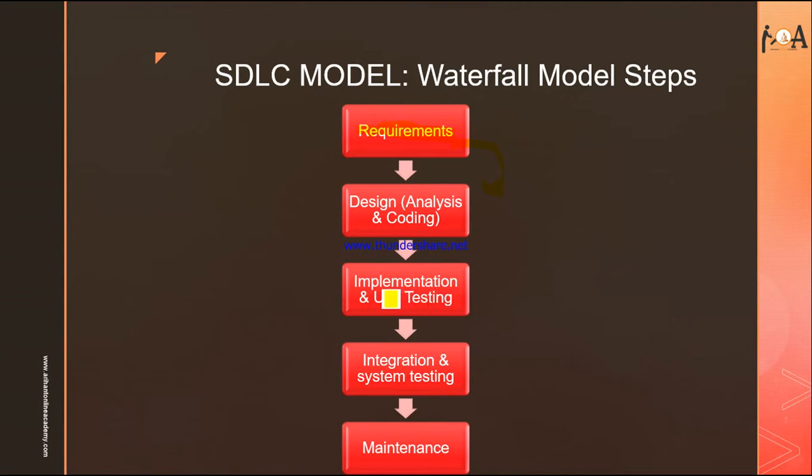Unit testing will be done on the several modules, and their implementation will be checked, whether it is working on the same criteria that the user required or not. After unit testing we have to integrate all the modules, then do system testing, and after that we go to maintenance. After completion of one step, we have to go to the next step. Basically it is a sequential type.